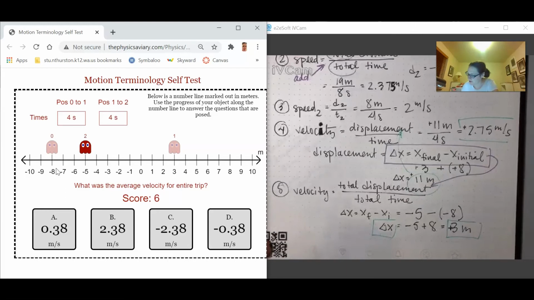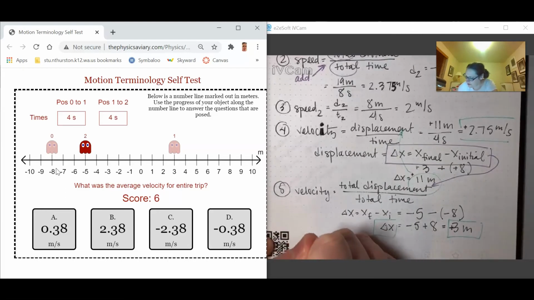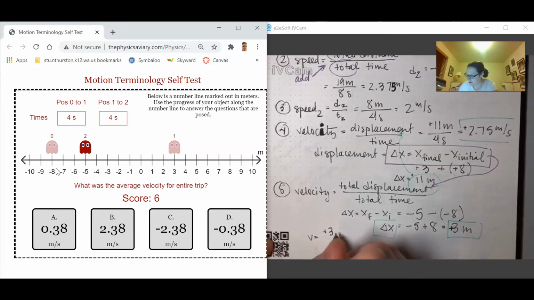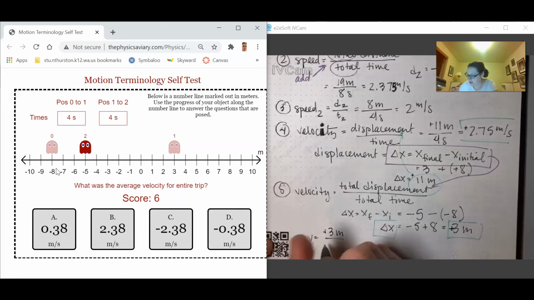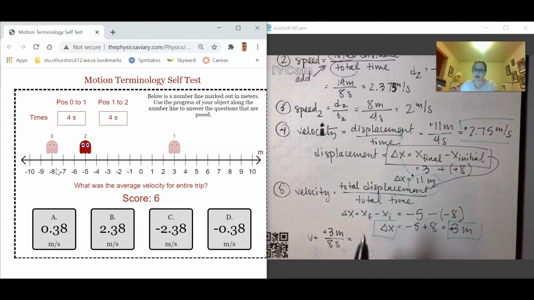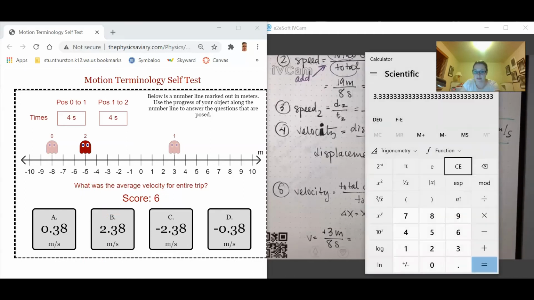I'll just rewrite it down below. My velocity for the entire trip is going to be positive 3 meters divided by 4 plus 4 is 8 seconds. And yes, that's a fraction, but I believe in decimals. I can find decimal on a ruler, so that's what I'm going to do.